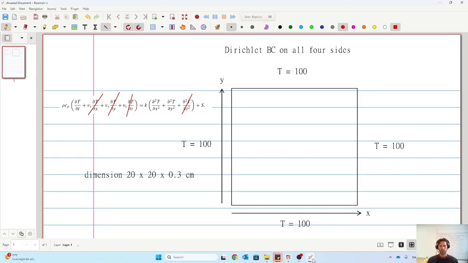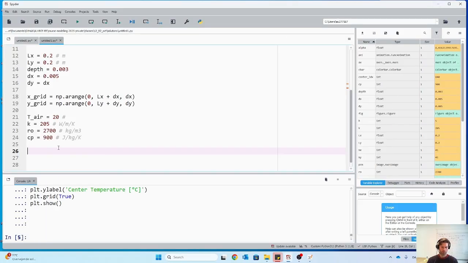If we look at the governing equation here, remember that we divide by rho times Cp. So we will have something called K divided by rho times Cp. And this term we can call alpha, and that is the heat diffusivity. So we just define it directly here.